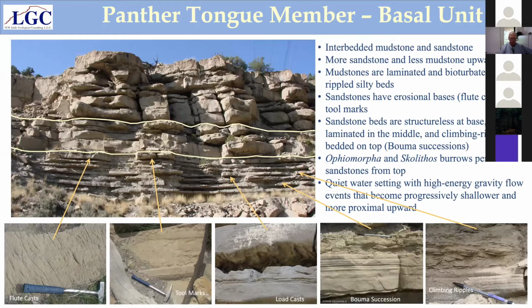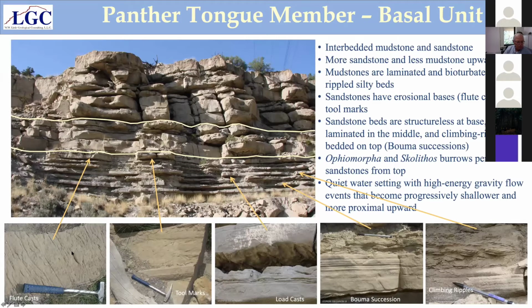Now in this case, I want you to think about the facies associations that we've discussed. These sandstone beds tend to, at the bottom, have an abundance of flute casts. I didn't talk about those yesterday. Flute casts are erosional features that are produced by fluid flow. It's almost like taking a garden hose and spraying the surface and watching the erosion.